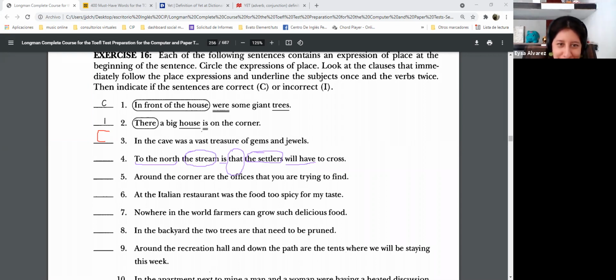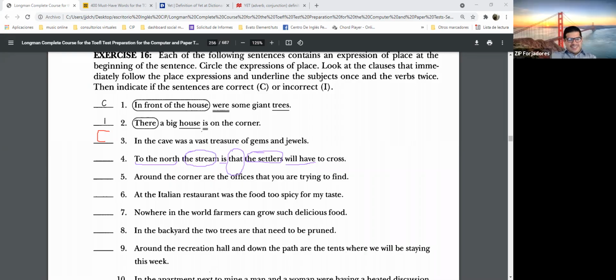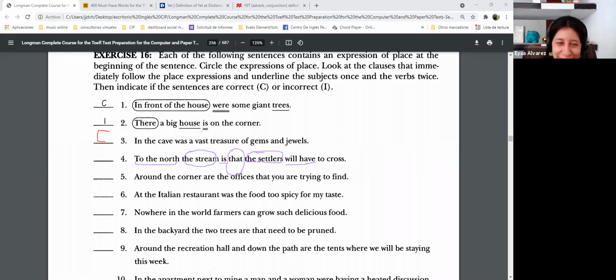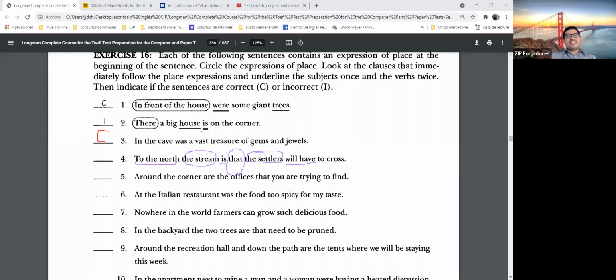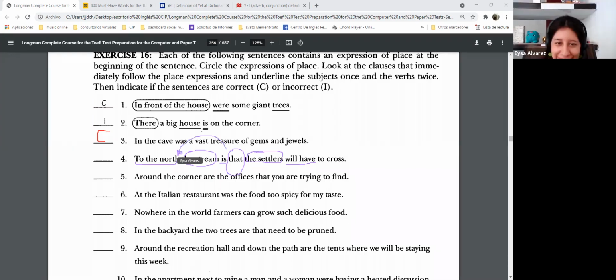"To the north." I think it's incorrect, because we have to invert here. We need to invert. "To the north is the stream that..." That's right. Very good. Also in the second one, do we need to invert, or only the first one?